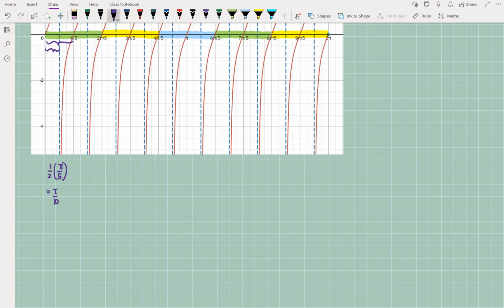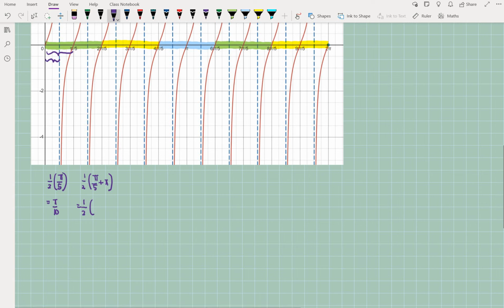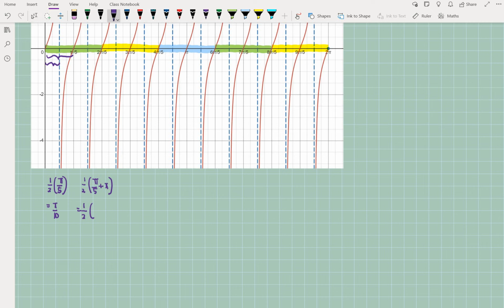What about the next asymptote? That is 1 over 2 times pi over 5, plus pi. So, we will get 1 per 2 times 6 pi per 5. Okay, so when we get here, 1 per 2 times 6 pi per 5, you are going to get 3 pi over, sorry, I made a calculation mistake.